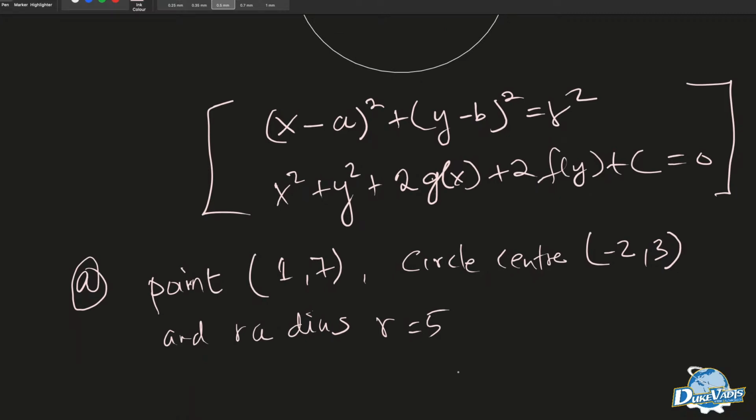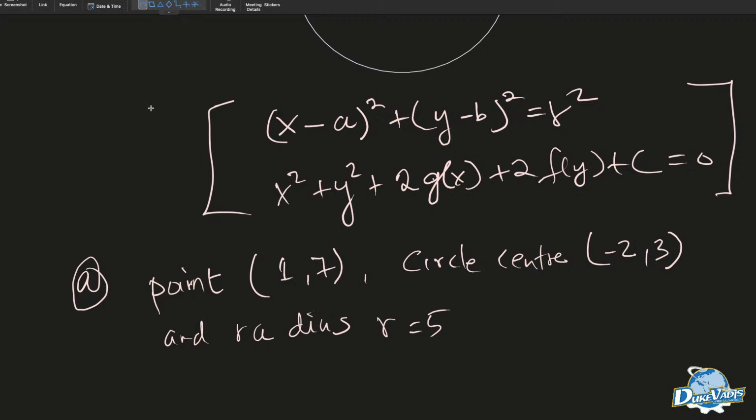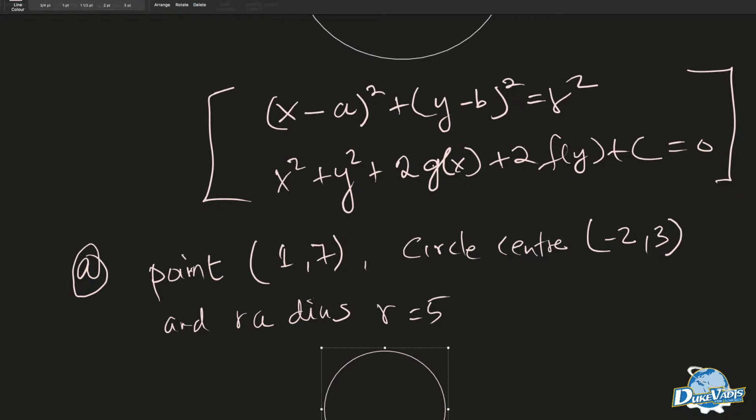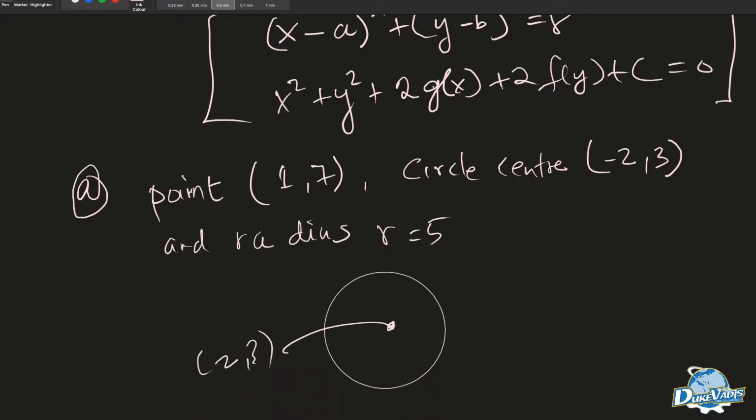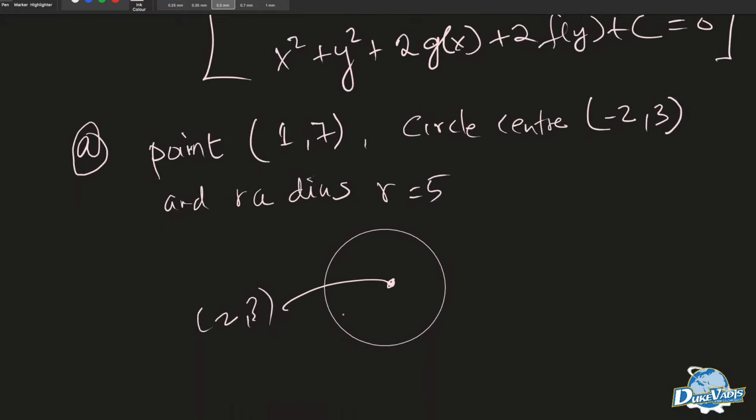Now let me draw the whole scenario and see how it will look. So there's a circle. The circle has a center of (-2, 3), and the radius is 5.